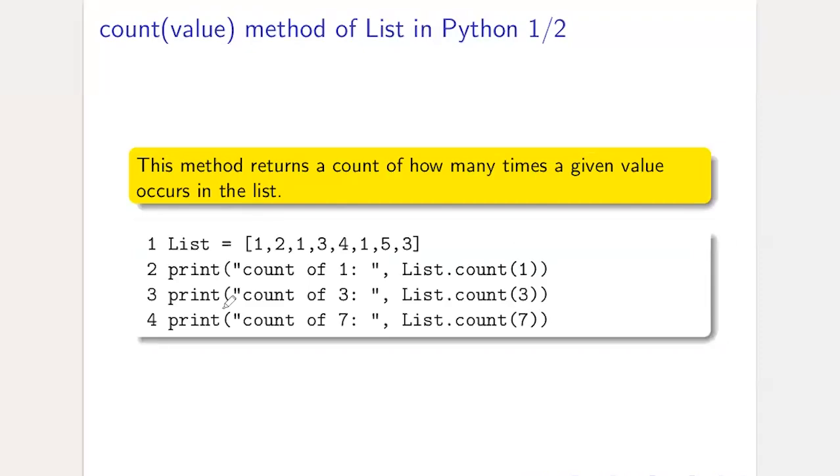We have these other useful methods like count, which will give you the number of times an item appears in a list. So we call the count method, passing the particular value that we want to check.